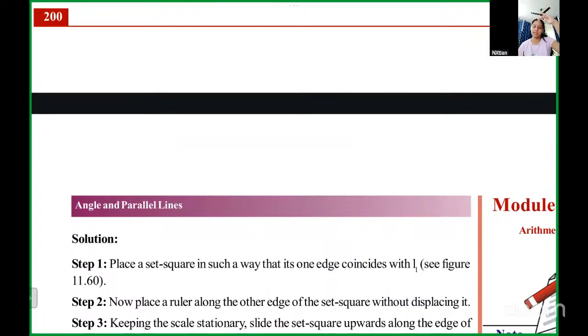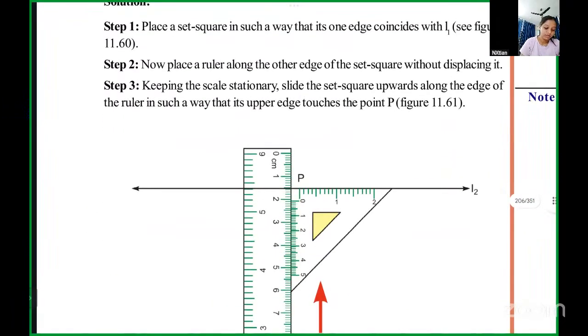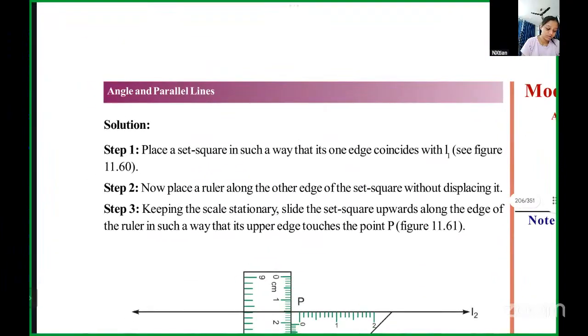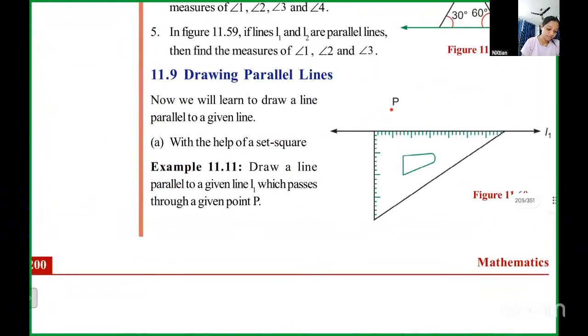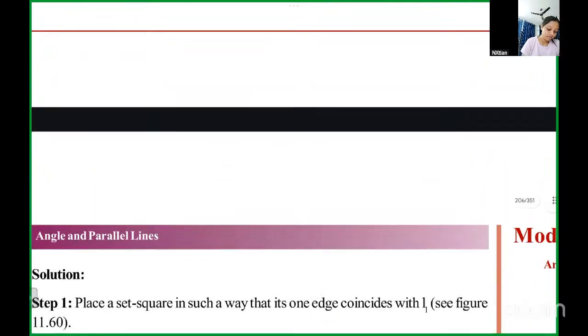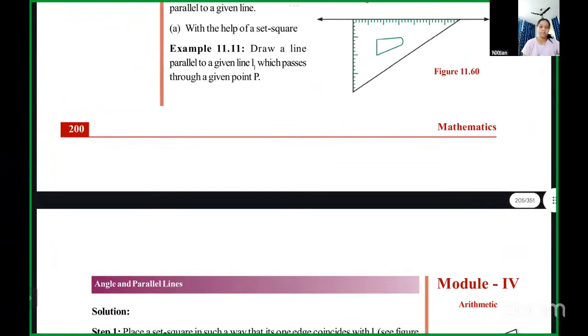And above this line L1, mark a point P. Now draw one more line that passes through this point P.